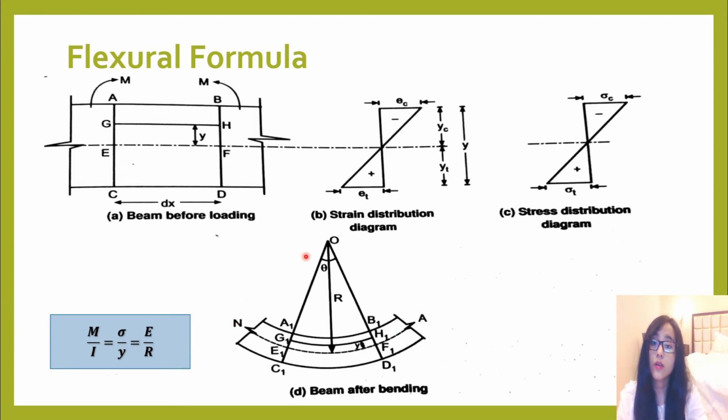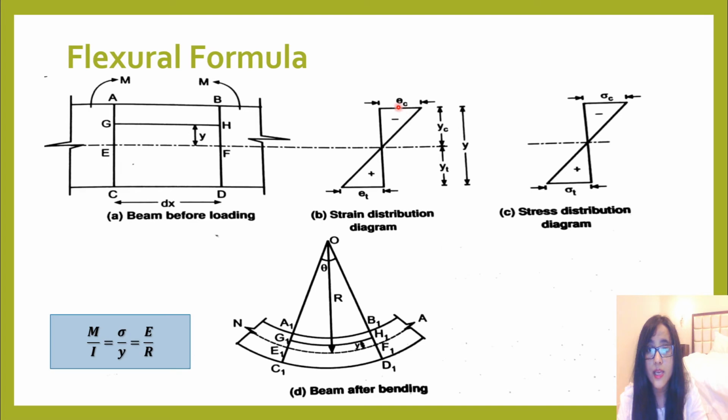Okay, now if we have to draw a strain distribution diagram, so we draw it in this manner. So in this strain distribution diagram, bending moment पे क्या हुआ था, जब neutral axis की line के ऊपर you had a compression zone here, right? तो वहां पर भी you will have a strain in compression.